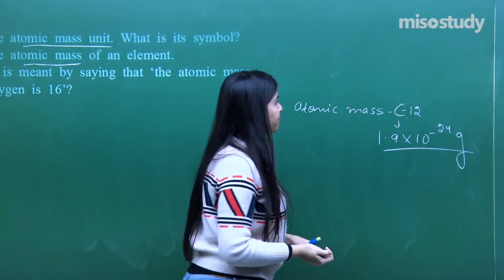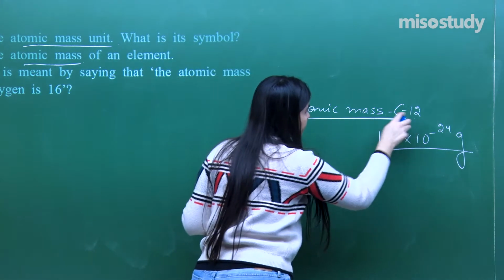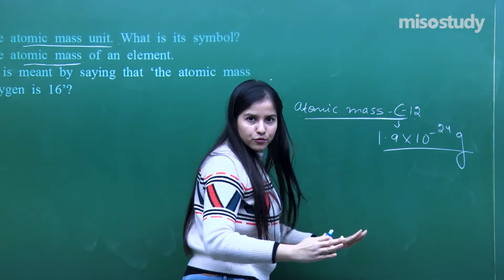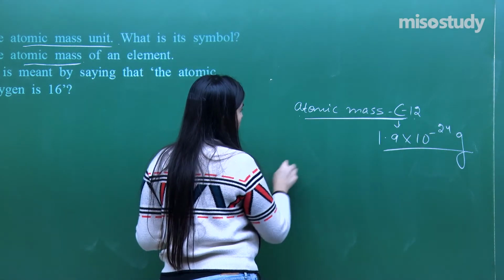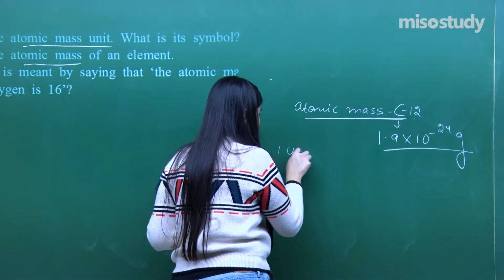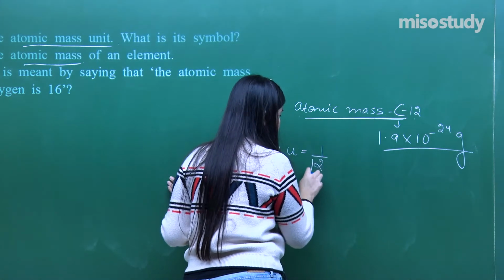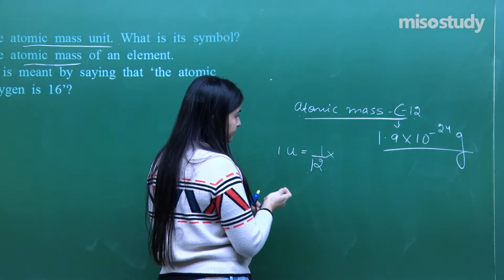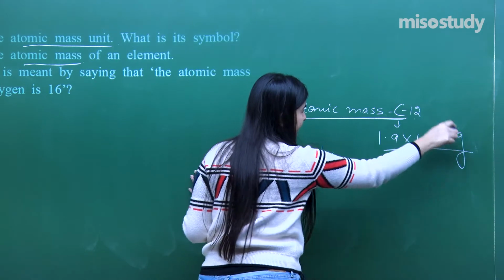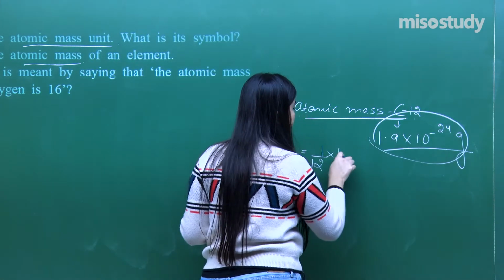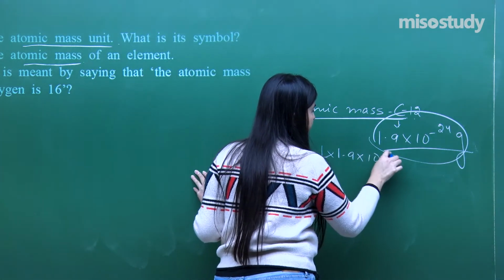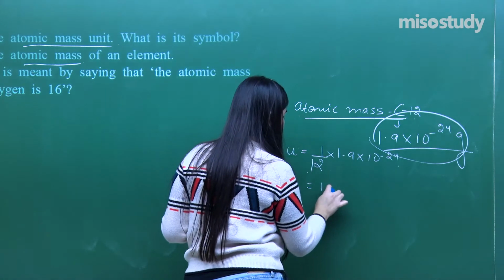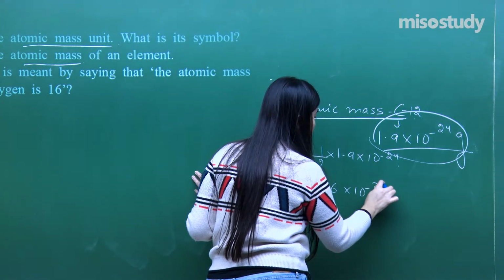So what we do over here is, we assign this as a relative. Okay, so we just assign 1 unit is equal to 1 by 12th of this entire mass of the carbon, and which is coming out to be 1.6 into 10 to the power minus 23 grams.